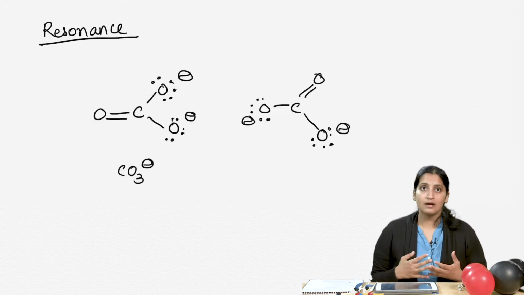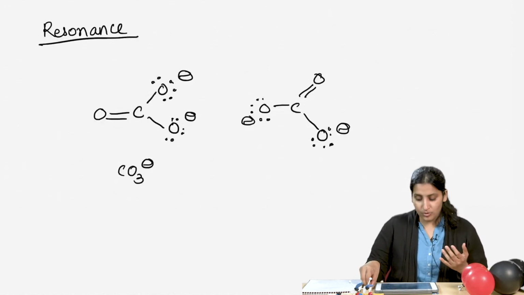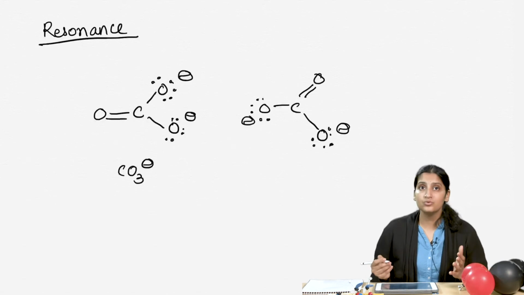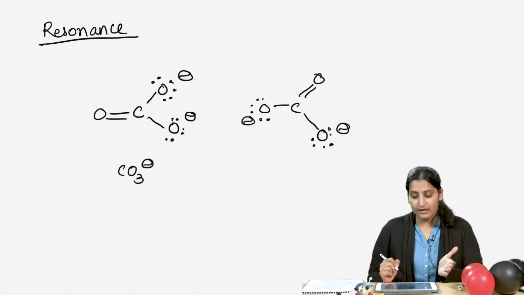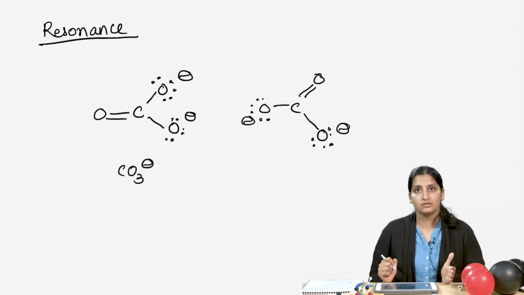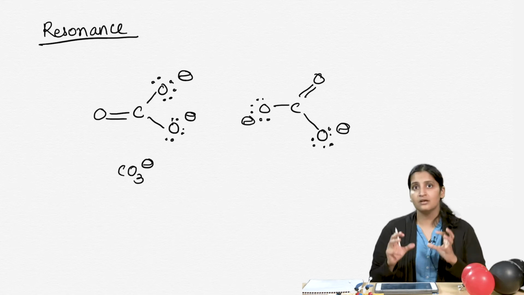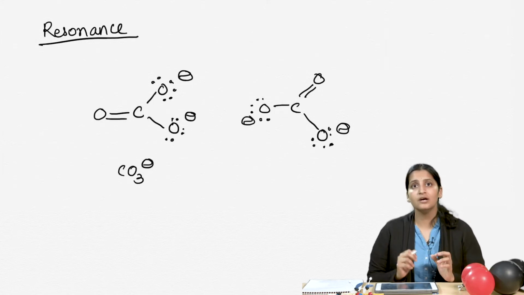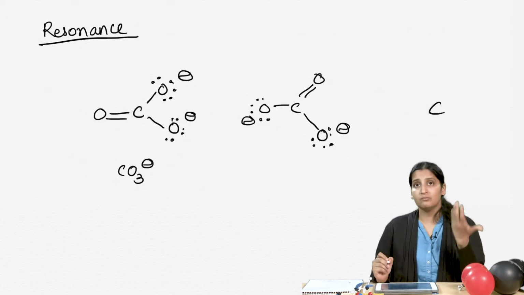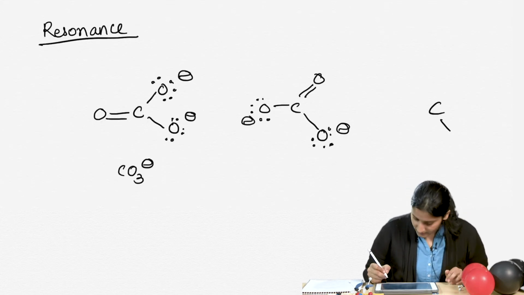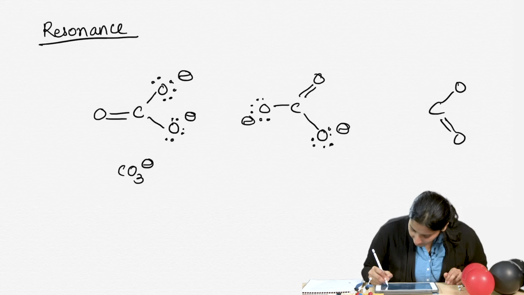Here what I have is a carbonate ion, and you can see that I have already drawn two structures of the carbonate ion such that these two Lewis structures are different from each other. And even though they are different, they are both correct Lewis structures for the carbonate ion. So, in this case now I can in fact draw one more in which this particular oxygen is double bonded and the other two oxygens are single bonded.